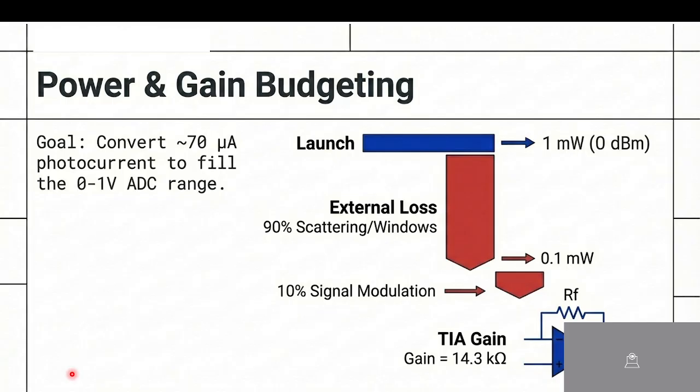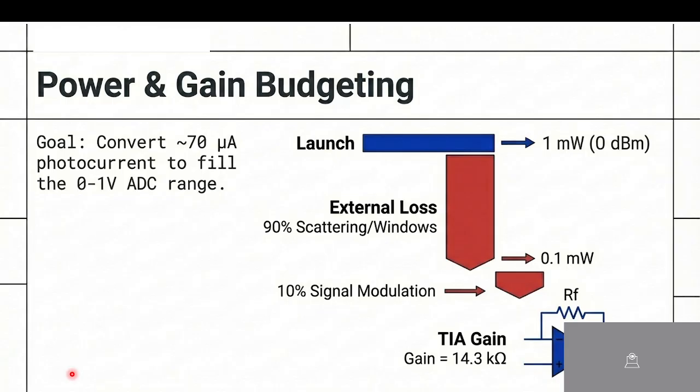Moving towards power and gain budgeting, the launch power is approximately 1 milliwatt. Because of external loss, there will be scattering or window loss, so almost 0.1 milliwatt will go to the detection side, where 10% signal modulation will happen.